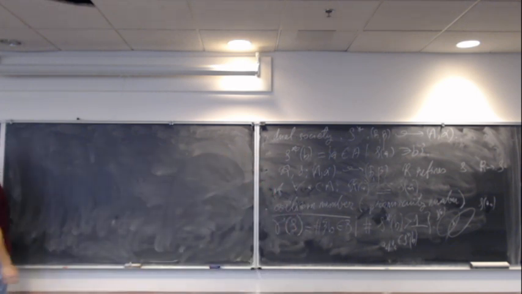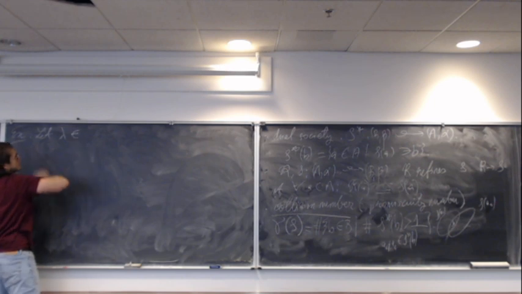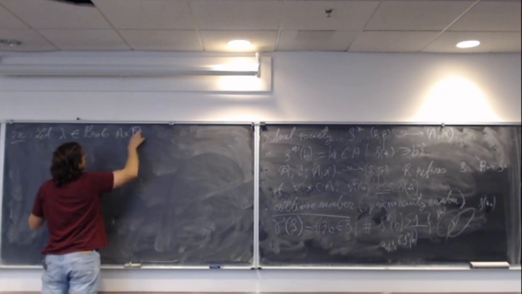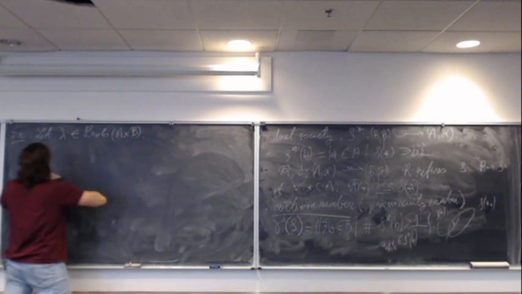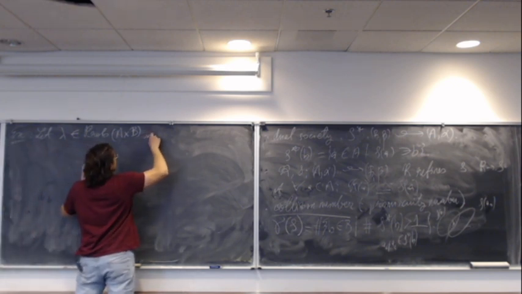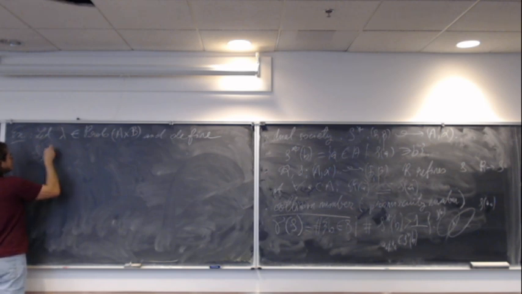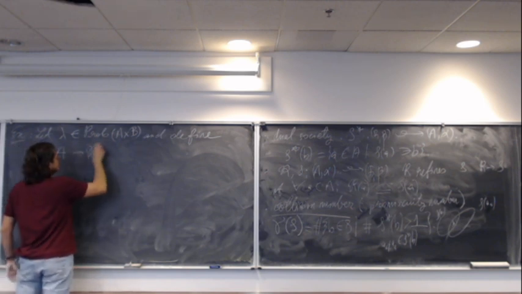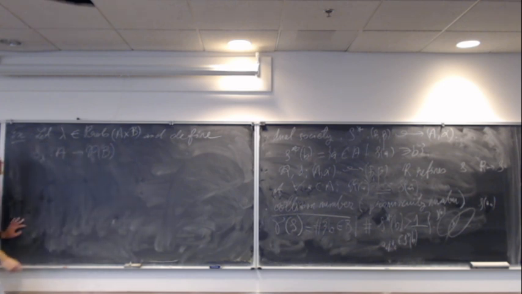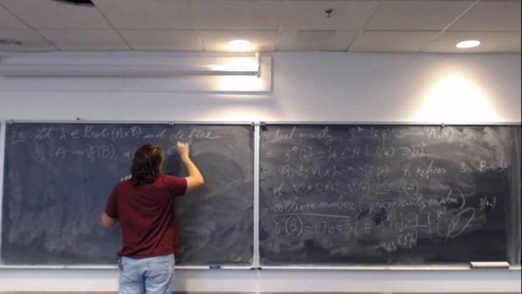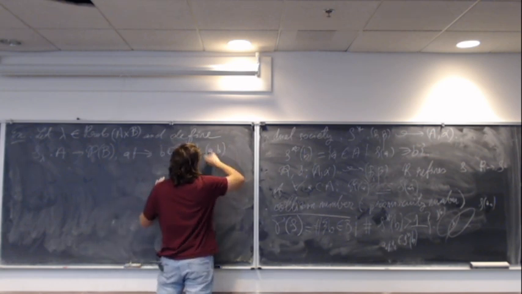Let's write it like this. Example. Let lambda, so I fixed A alpha and B beta, let lambda be a probability measure on A times B. I'm going to have some assumptions here, but let's define S sub lambda from A to the power set of B by taking A to all those B's in B such that lambda of A B is positive.